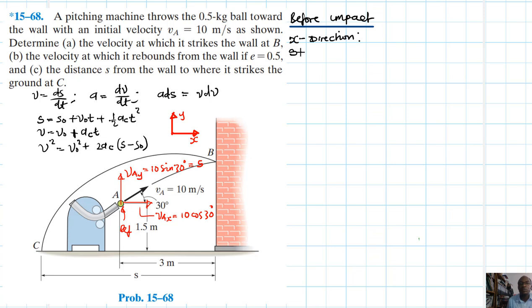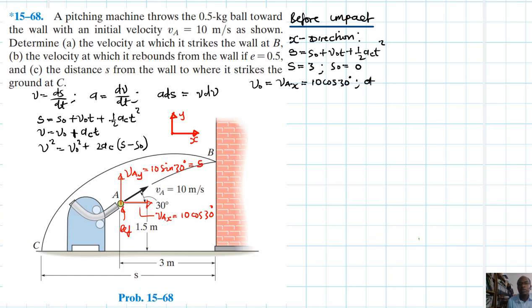Here we intend to use this equation: s = s naught + v naught t + half a_c t squared. Horizontal a_c becomes 0. Our s naught is 0. Our v naught is just equal to v_Ax, which is equal to 10 cos 30.